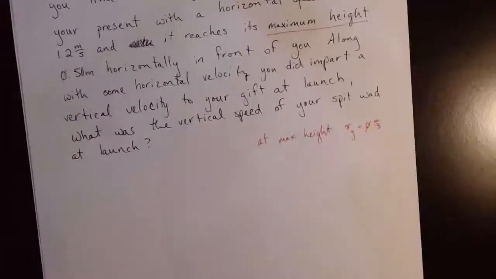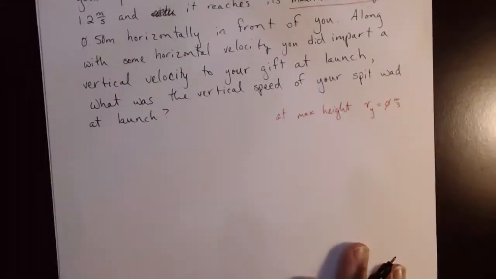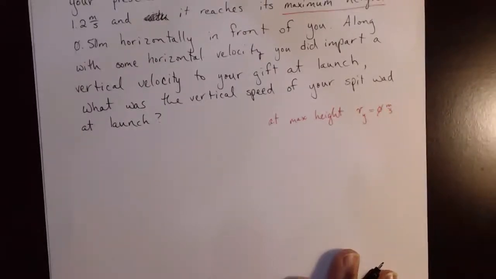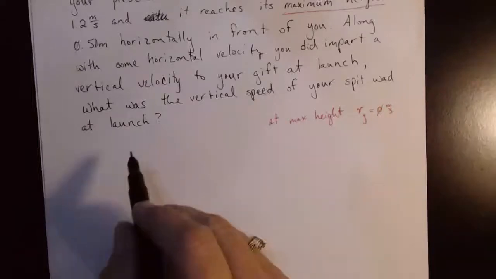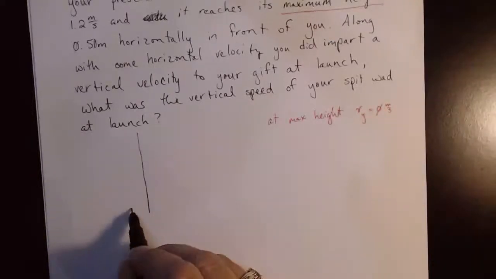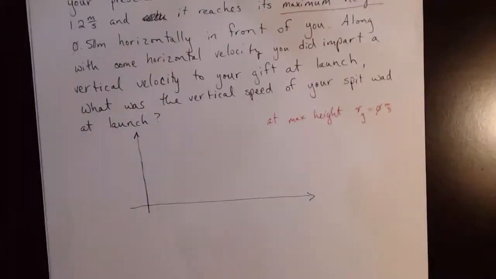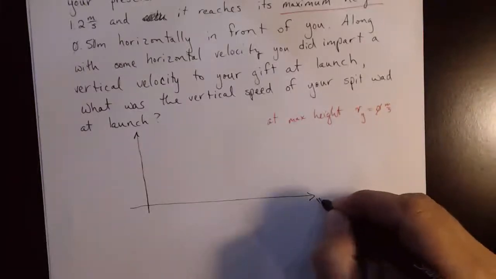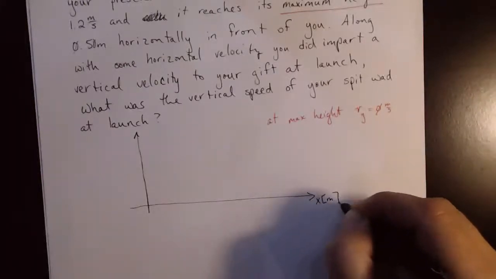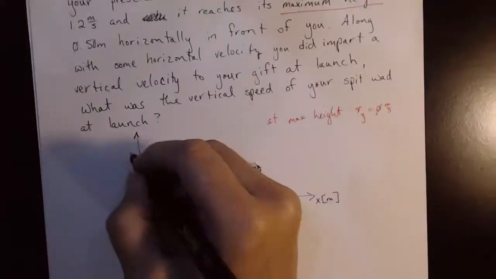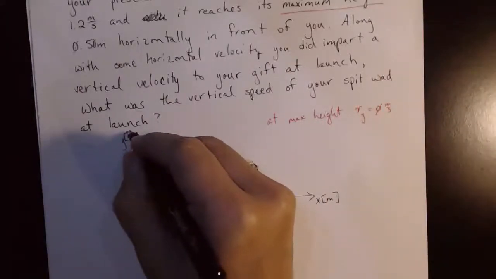So let's figure out which one it is. If you want to be less likely to make a mistake, you definitely want to draw a picture for these kinds of problems. You get your axes. When you're drawing projectile motion problems, the standard axes are all in position, so we have position in the x direction and position in the y direction.